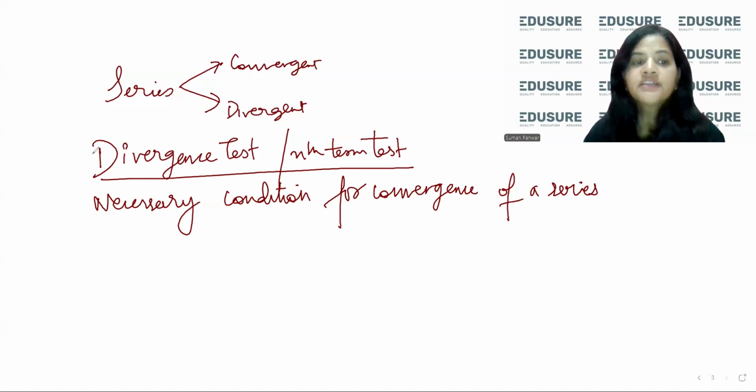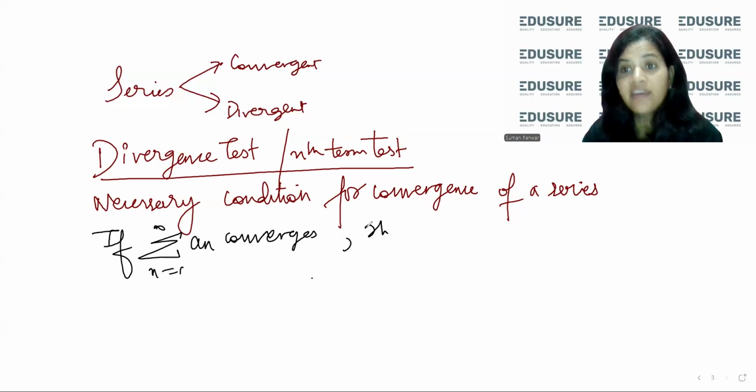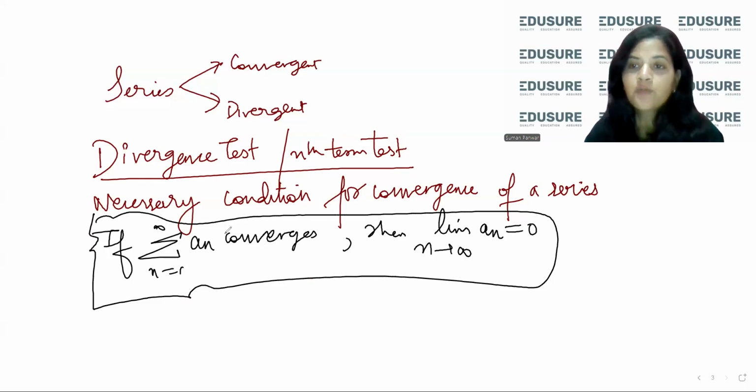So what is the necessary condition for the convergence of a series? If summation n going from 1 to infinity a_n converges, then limit n tending to infinity a_n is equal to 0. So if at all my series is convergent, then the nth term of the sequence a_n should go to 0.